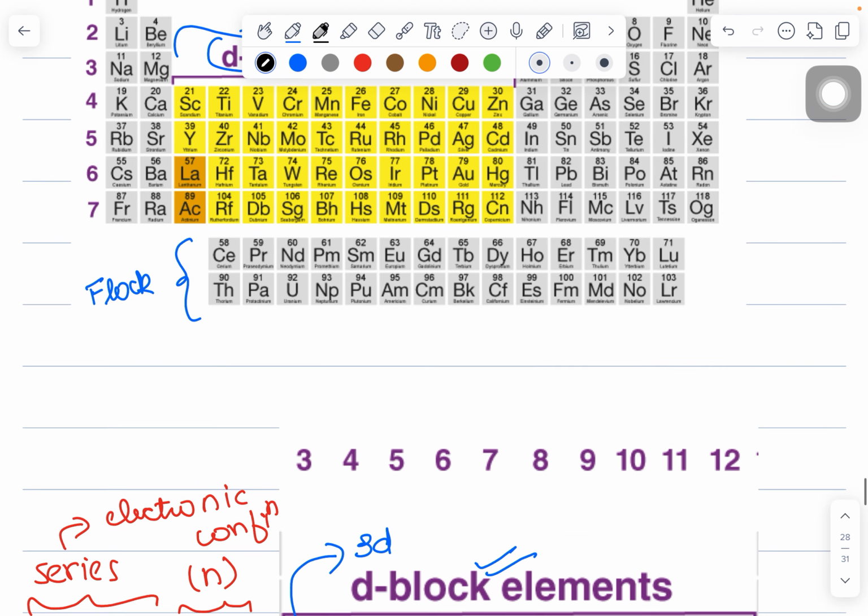So whatever you see in the periodic table, this is lanthanoid, and these are actinoid. They are kept separate, and they come after lanthanum.